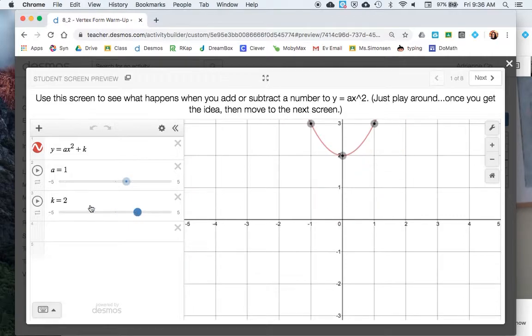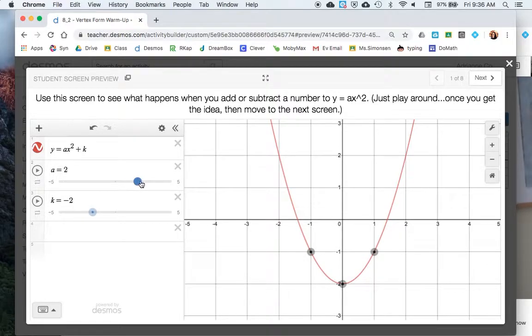So it turns out that this value up here moves the vertex. So if this value is 2, like it is now, then the vertex is up 2 from the origin, right? If that k value is -3, then the vertex is down at -3. So if we add a number to the end of our equation, it just moves the whole vertex up or down.